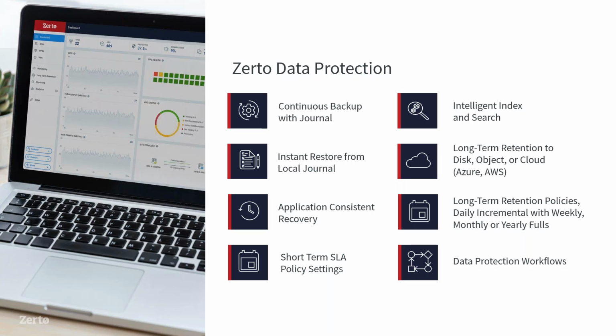It supports long-term retention targets being cloud, disk, or object. It has built-in intelligent index and search, allowing you to find the data that you stored on your long-term retention repositories, making sure that it's available for recovery. It also has all the data protection workflows built in that allow you to recover that data, whether it's from your journal or your long-term retention repository.